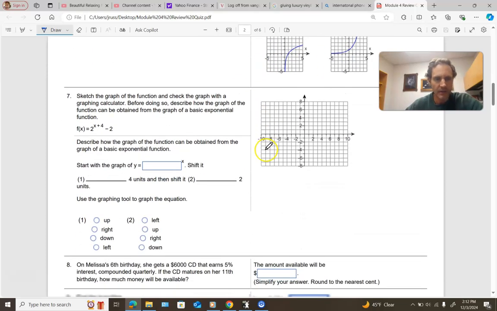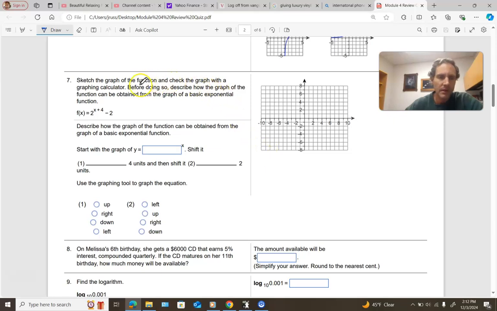All right, number 7 here. So what we've got going on here, guys, is a transformation of some basic function. And that basic function would just be 2 to the x. So we're going to start with the graph of y equals 2 to the x, and then we're going to shift it to the left.